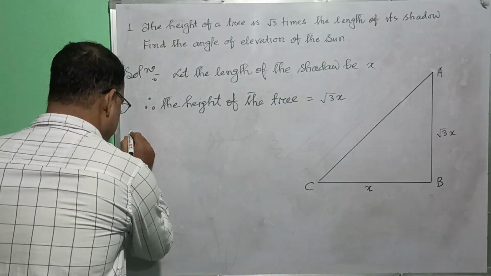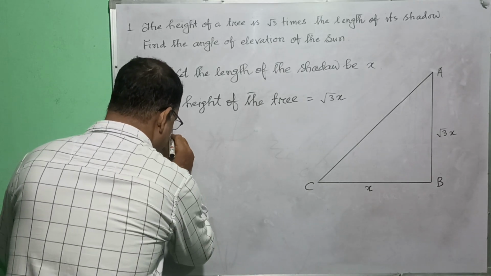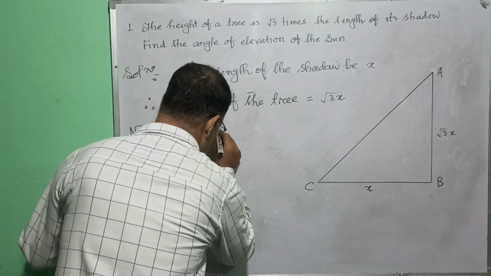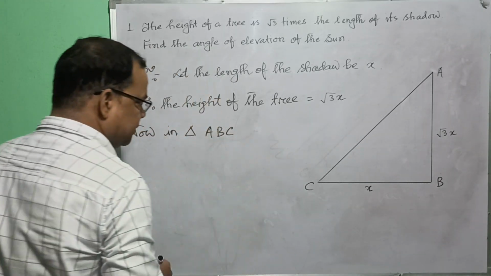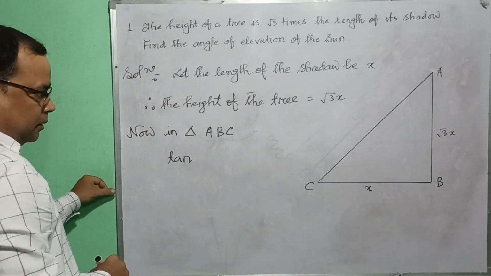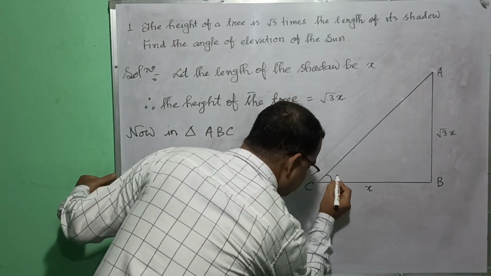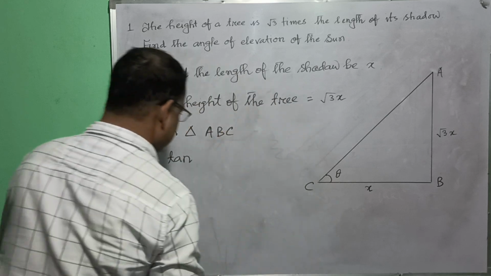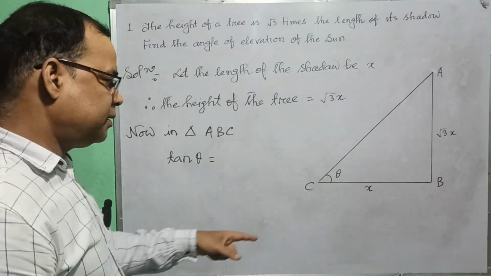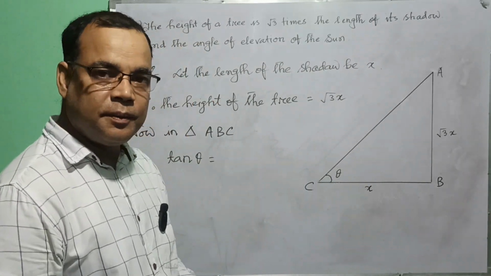Now we'll write in triangle ABC, tan. This angle of elevation, let it be theta. So we can write tan theta equal to, as we are measuring with respect to this angle, our AB is our perpendicular.